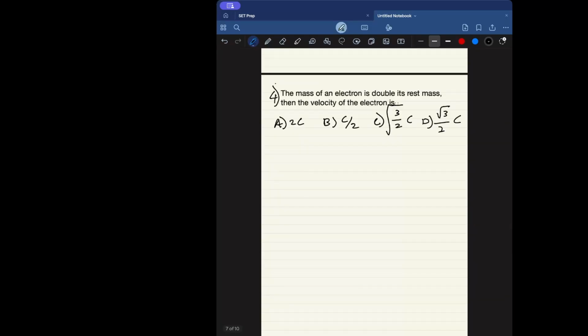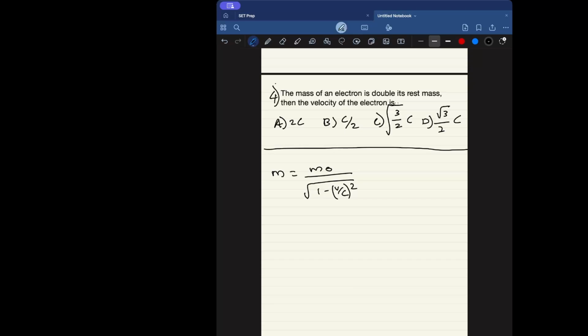Let's go to the next question. The mass of an electron is double its rest mass. Then the velocity of the electron is. Here I have to apply the relation for mass change when an object is traveling with a velocity comparable to light. That is m equal to m0 by root over 1 minus (v/c) square.